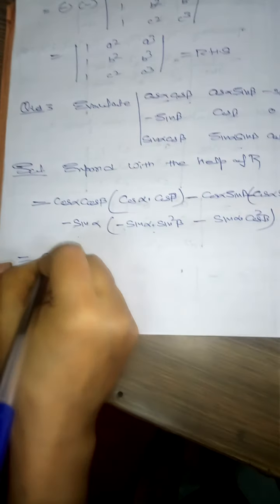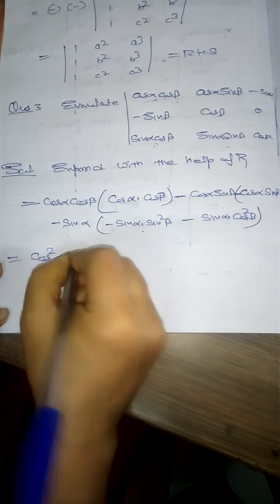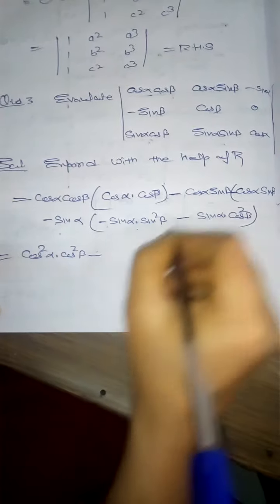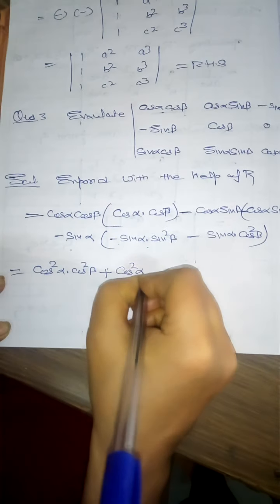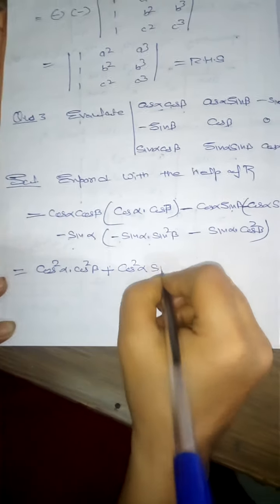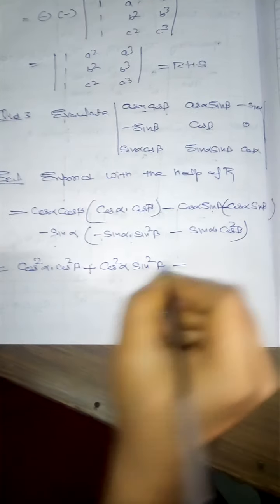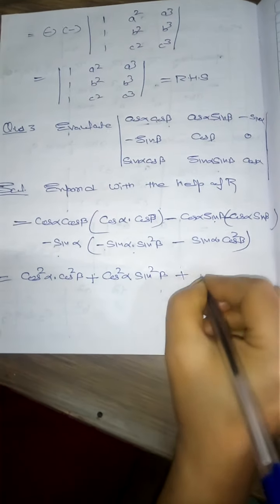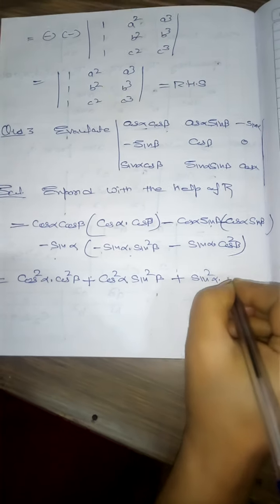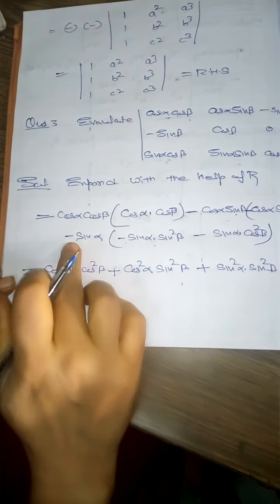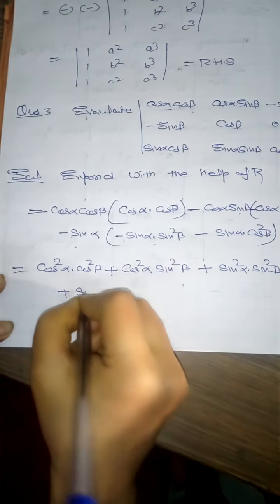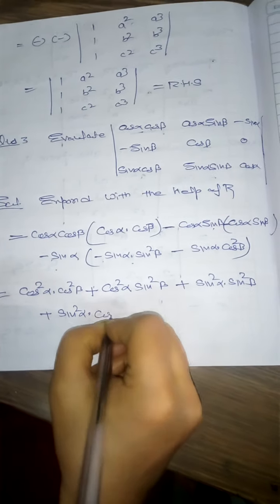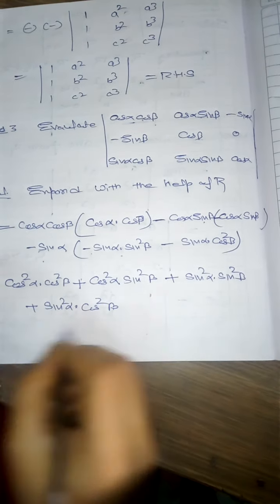Here cos alpha into cos beta, so it is coming cos square alpha into cos square beta, minus minus plus, so it is coming cos square alpha into sin square beta, then again minus minus plus sin square alpha into sin square beta, again minus sin alpha into cos square beta, so it is coming plus sin square alpha into cos square beta. These steps are coming here.